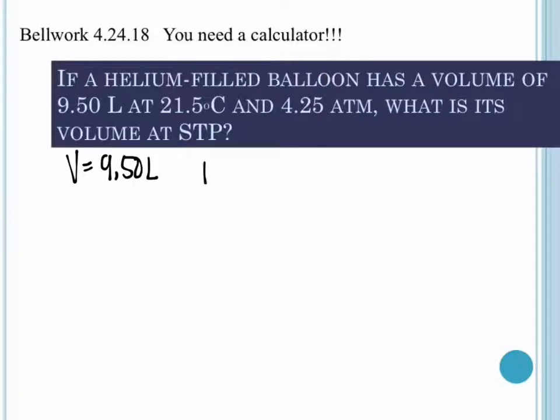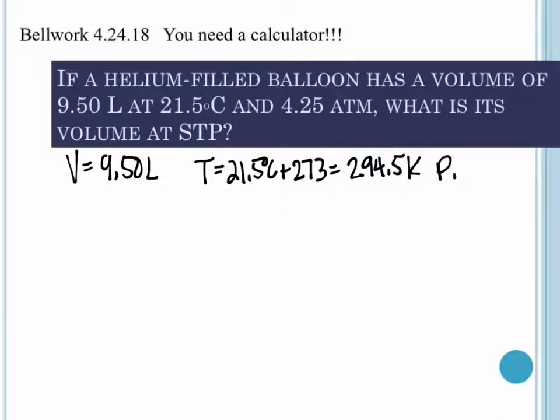It's at a temperature of 21.5 degrees Celsius plus 273 gives me 294.5, and we have a pressure of 4.25. What is its volume at STP?